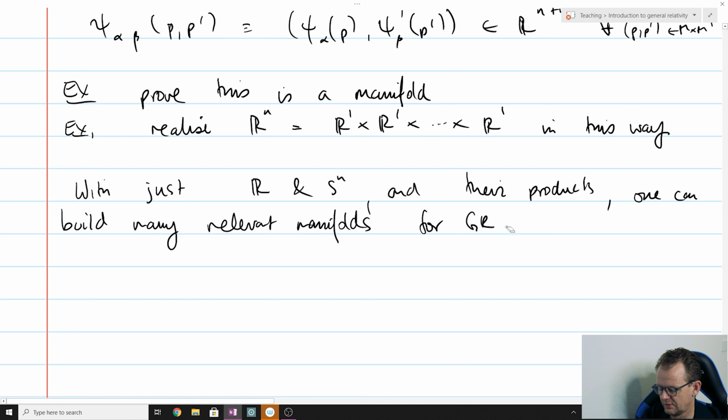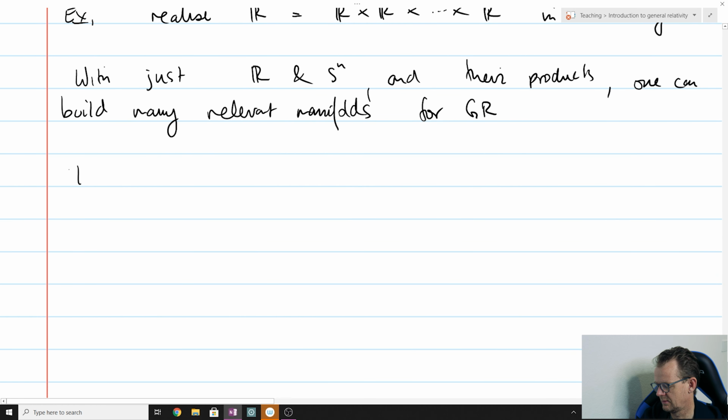Lots of cosmological solutions can be realized as products of, say, R and a circle, and so forth. Or an example that should be familiar to you is the torus, for example. That's just the circle cross the circle. Then you can take the torus product with the real numbers.